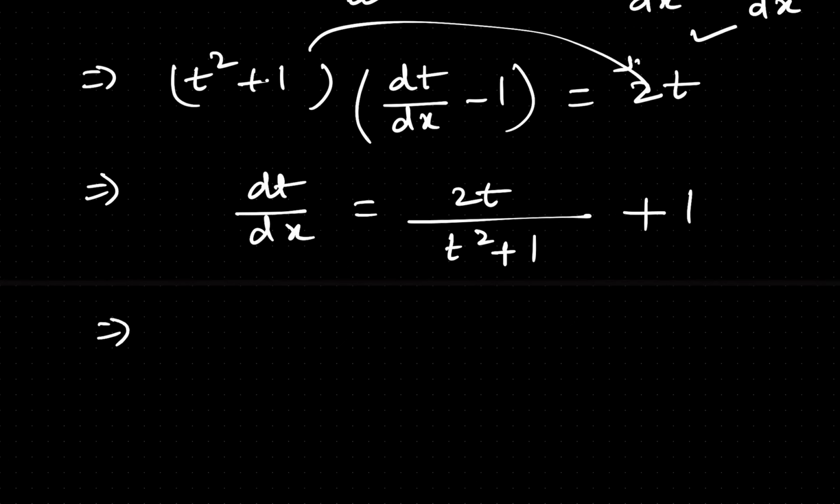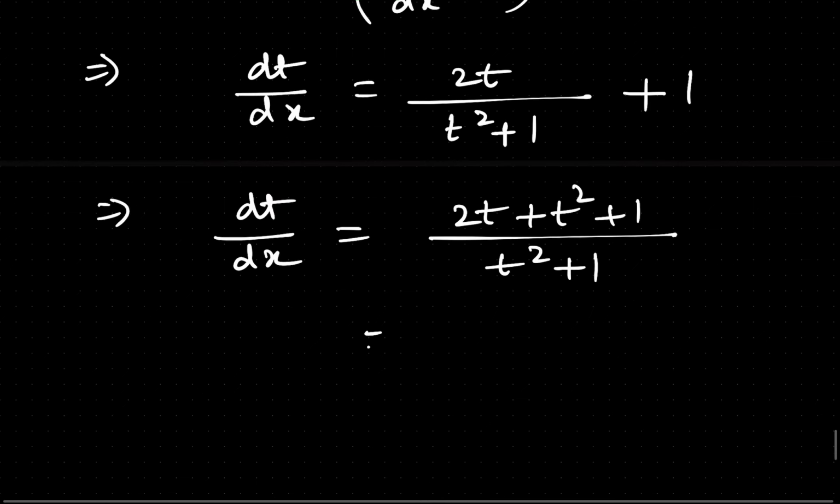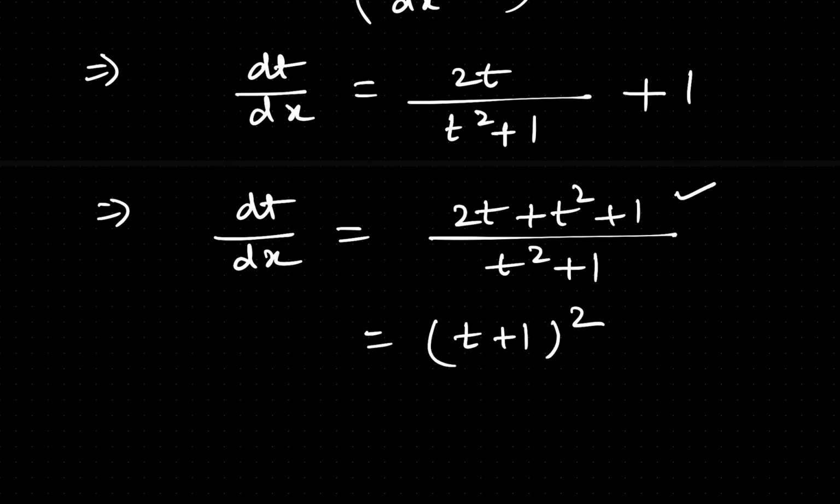So now further simplifying it, dt by dx, in the numerator take the constant t square plus 1, and in the denominator 2t plus t square plus 1. So finally you will see here this is the formula of t plus 1 whole square. So t plus 1 whole square by t square plus 1 dt by dx.